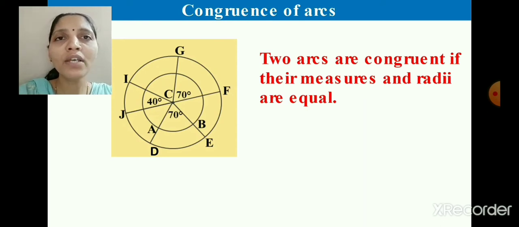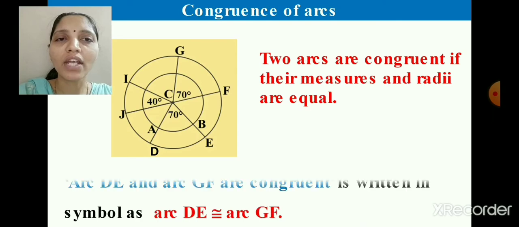So only the measure is not a condition for congruency. There is one additional condition: the radii of the arcs and their measures both should be equal, then only we can say the arcs are congruent.